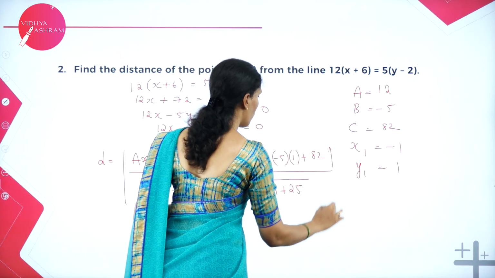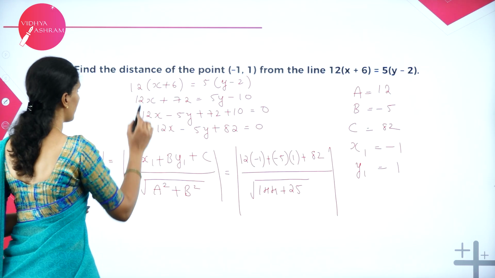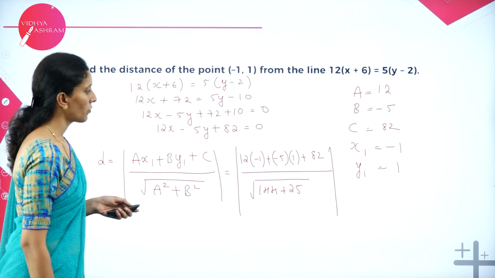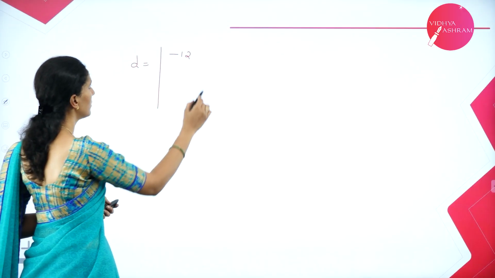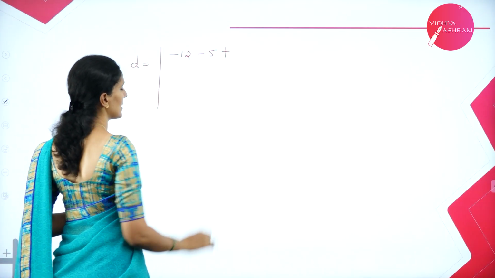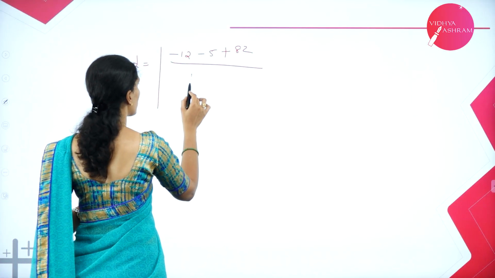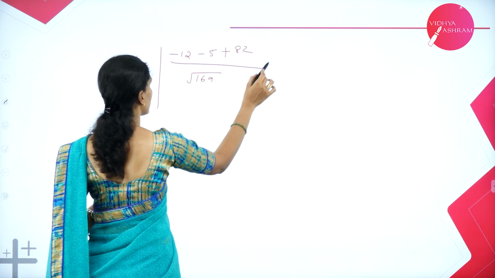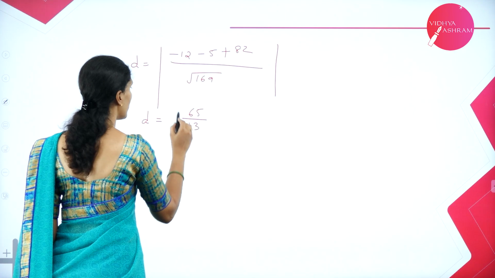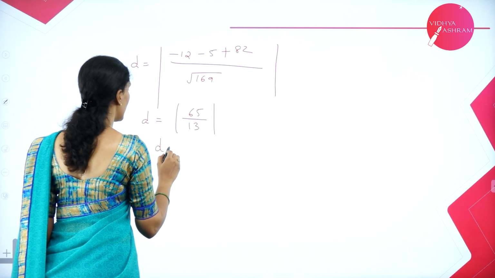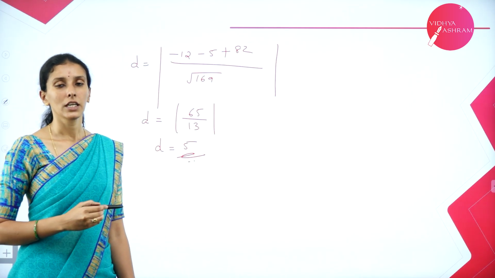So square root of 144 plus 25. Now distance D is equal to 12 into minus 1 is minus 12, minus 5 into 1 is minus 5, plus 82, divided by square root of 169. Now D is equal to 65 divided by 13. So when you cancel it, you will get D is equal to 5. So this is the distance of a given point from a given line.